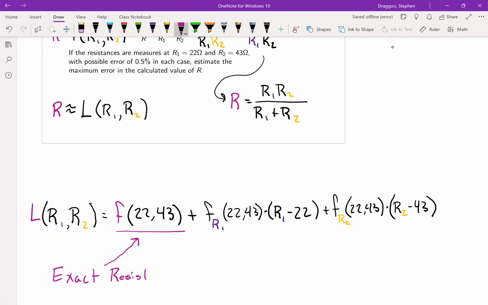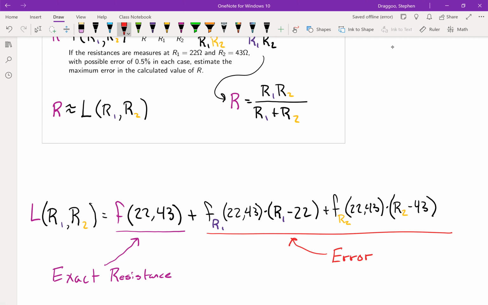Exact resistance, let's just write it all the way out. Which means that all of the other stuff is going to be the error term. So all of the partial derivative stuff, since I'm multiplying it by R1 minus 22 and R2 minus 43, that's just multiplying the distance away from my initial point that I'm starting at.